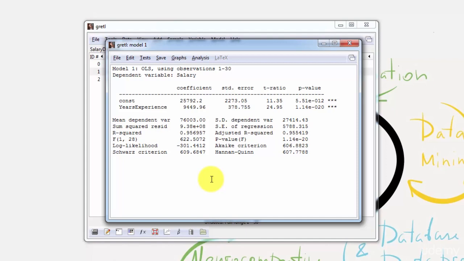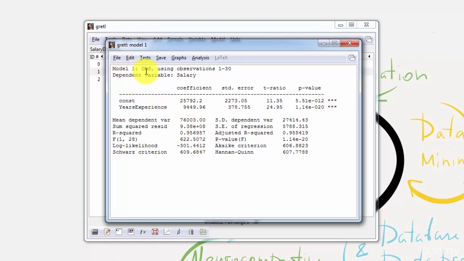And this report will be exactly the same wherever you run your regression, whether it's in SAS, SPSS, R, Python, anywhere. The report will look like this. So let's learn how to read this report, and let's learn how to extract the valuable data that we need.